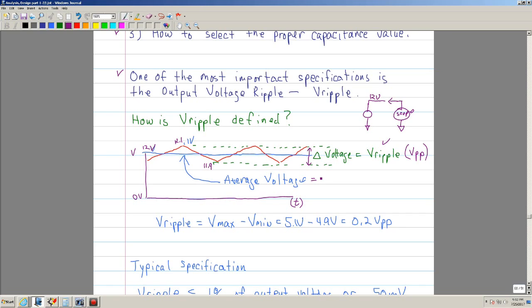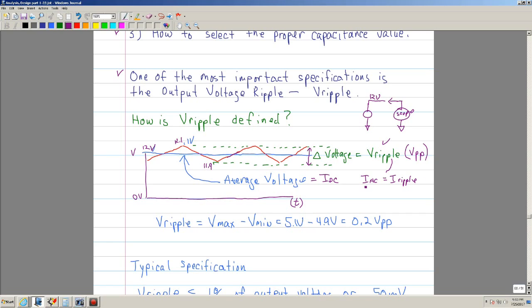You can also consider that as your DC output voltage, and you can consider the ripple current, the current that you see here, as AC current, so you can say that it's I ripple.